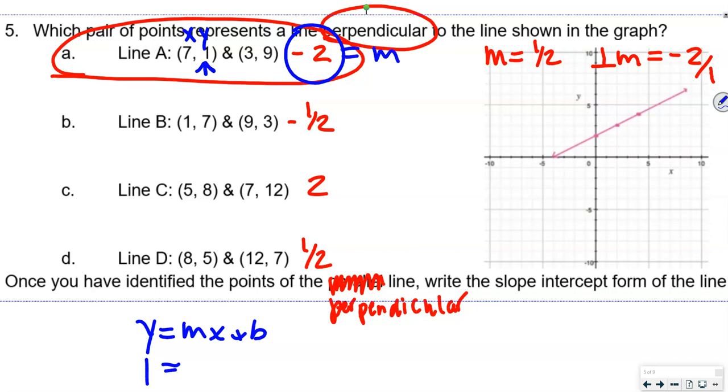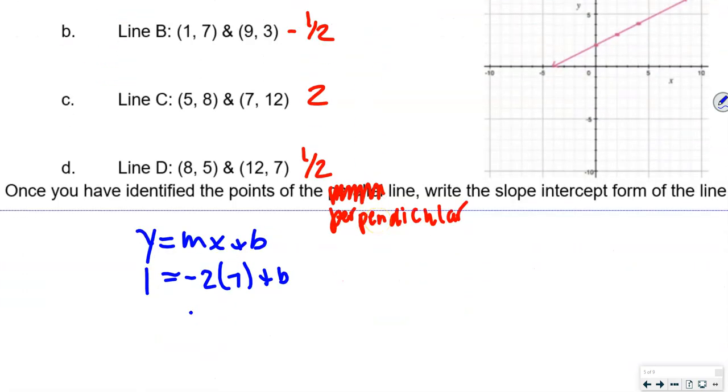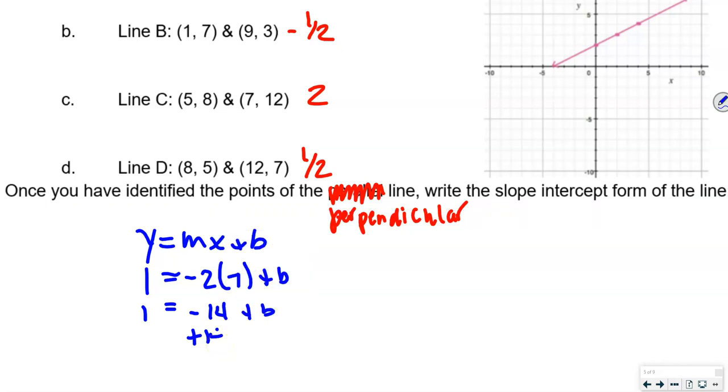This is our m, our new m, perpendicular m. And then we've got our x right here times 7 plus b, right? So we're going to solve for b, okay? So this would be -14 plus b is equal to 1. How do we get rid of a -14? We add 14 to both sides. So b is equal to 15.